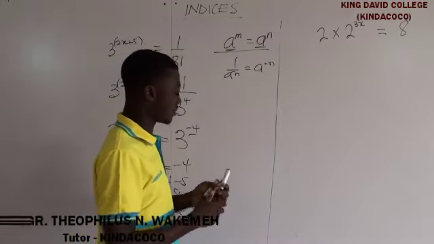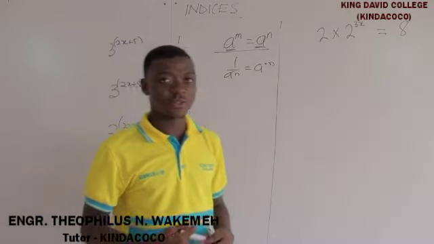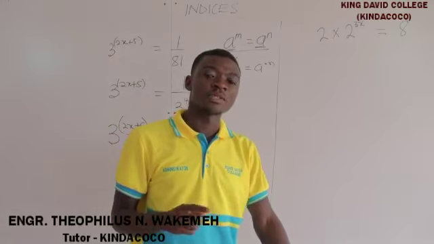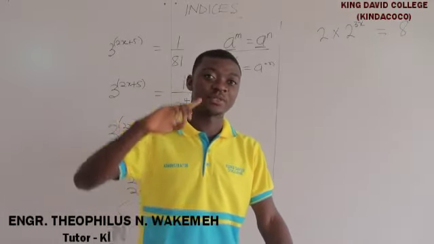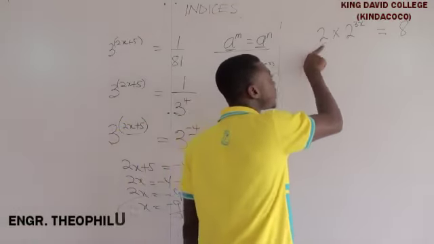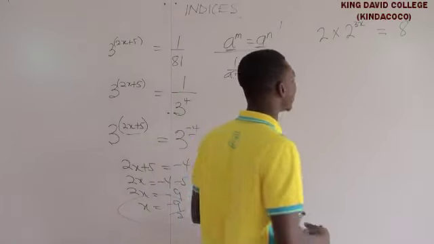So let's start. If you remember the very first law, which is multiplication of indices, we said that when you have 2 indices with the same base, you add the exponents. So you know that this 2 that is standing as a whole number is an index, but the index is 1.